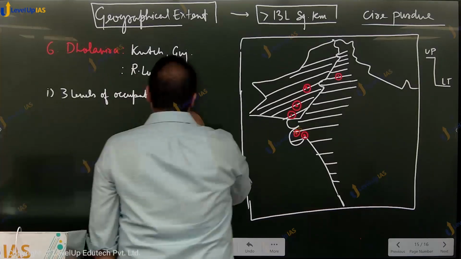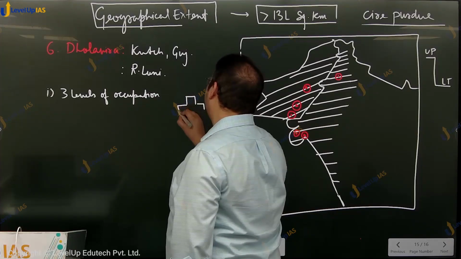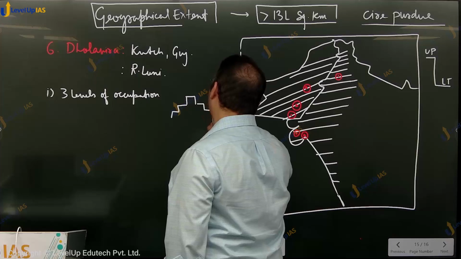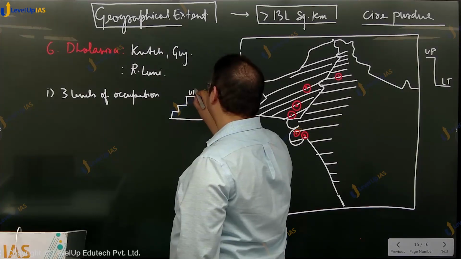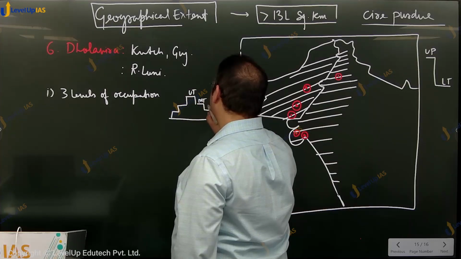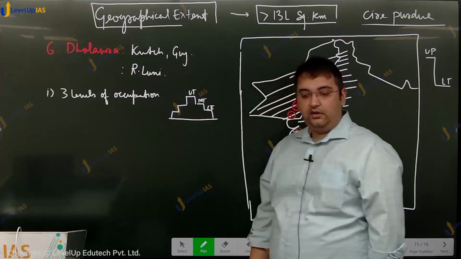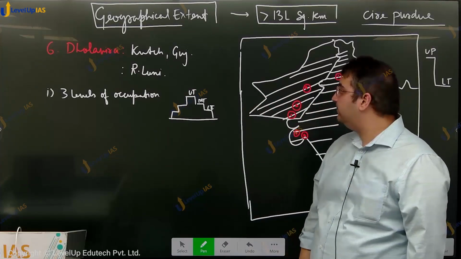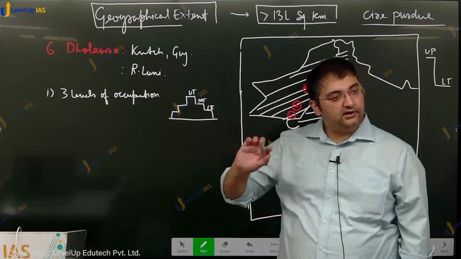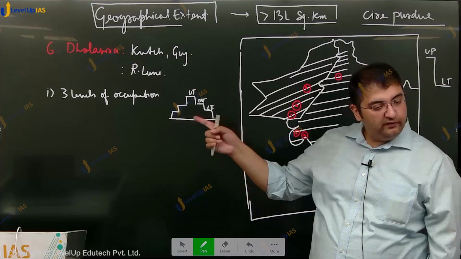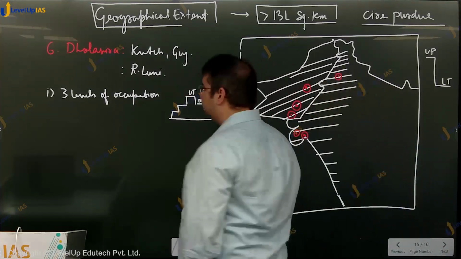That is an upper town, a middle town, and a lower town. And unique feature ये है that in other cities only the upper town was surrounded by a fortification wall, but over here the entire settlement is surrounded by fortifications.